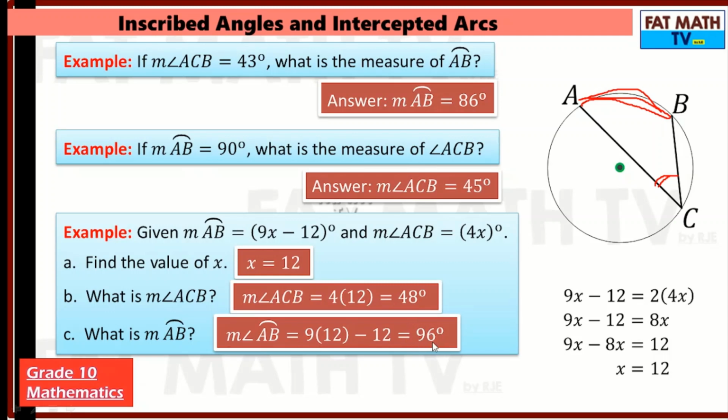Or you can just apply the theorem: the measure of arc AB is 48 times 2, which will also give you 96.